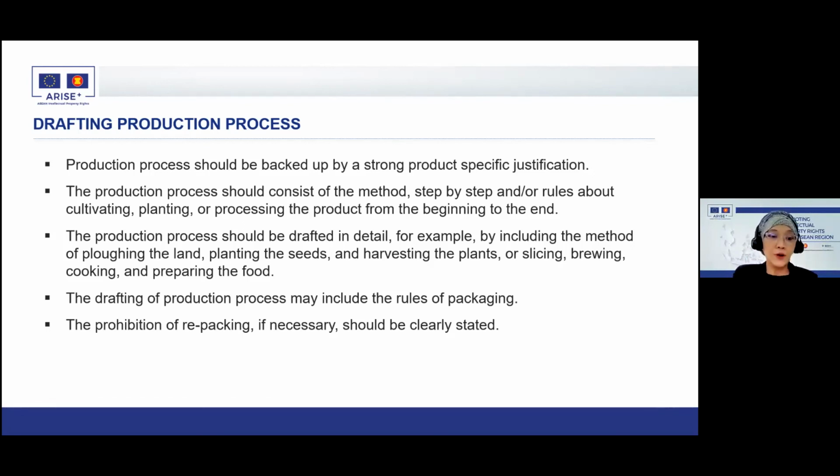Okay? The production process should be drafted in detail. For example, by including the method of plowing the land, planting the seeds, and harvesting the plants, or in the processed products, the method of slicing, brewing, cooking, and preparing the food. It should be very detailed.